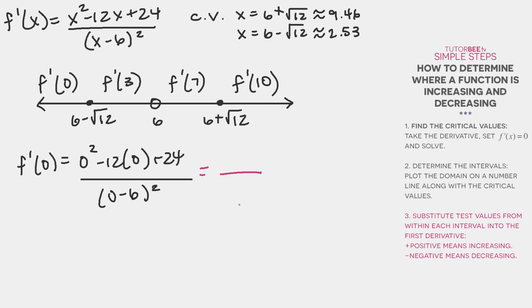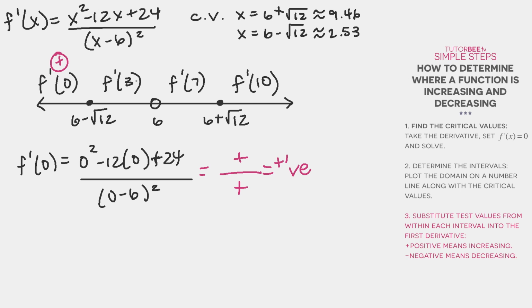On the bottom, you can see that we have a square, so that's nice because no matter what, we're going to get a positive. So we only really care about the top. On the top for 0, you get 0 from here, 0 from here, but then you get a positive 24. So you get a positive answer. Therefore, it's increasing over that interval. So I'm going to put a positive up here.